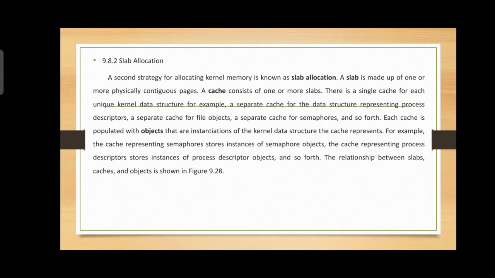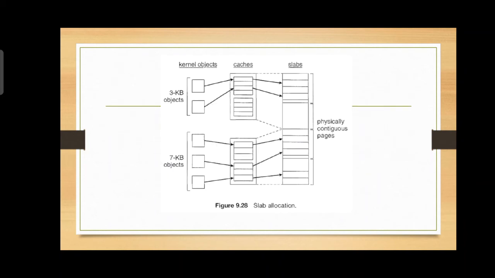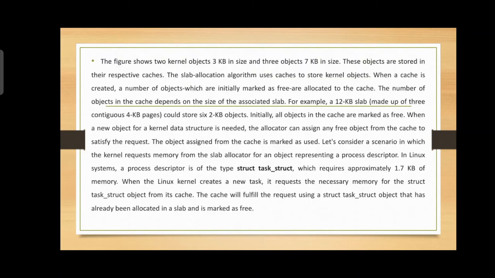For example, a separate cache for the data structure representing process descriptors, a separate cache for file objects, a separate cache for semaphores, and so forth. In figure 9.28, slab allocation, the figure shows two kernel objects 3 kilobytes in size, and three objects 7 kilobytes in size.